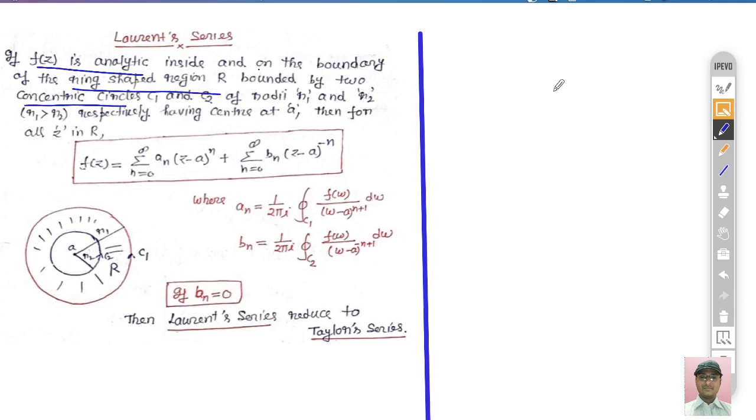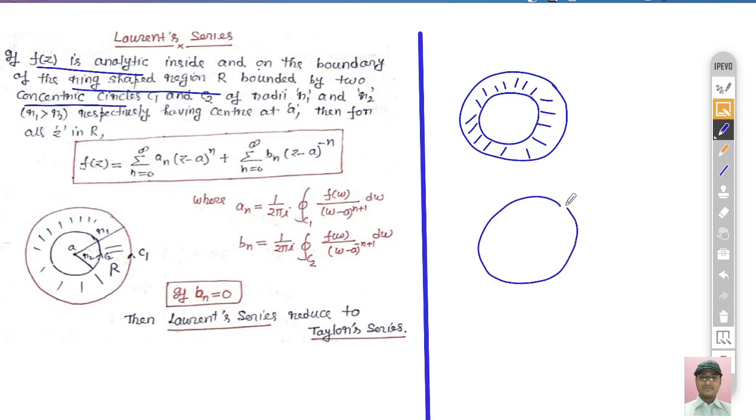Let's suppose this is the Taylor series expansion. So we expand the Taylor series, or you can say the power series, between two circles. This is the region where we have to expand the power series. In the Taylor series, what we have seen is that it is analytic at each point of this region R, right?